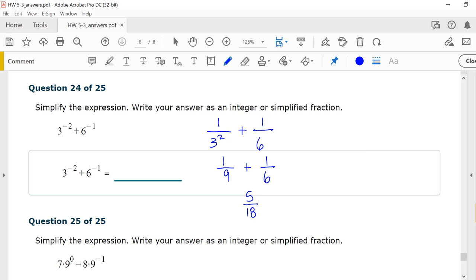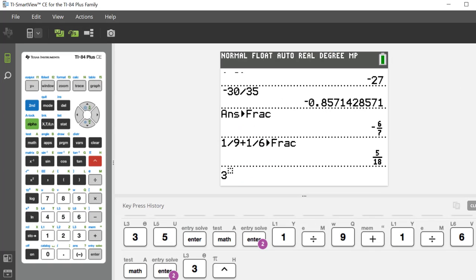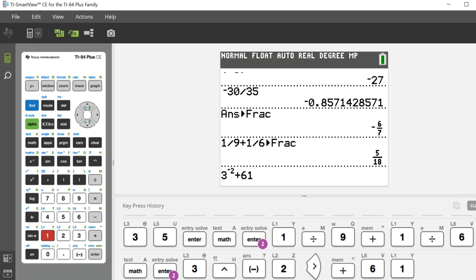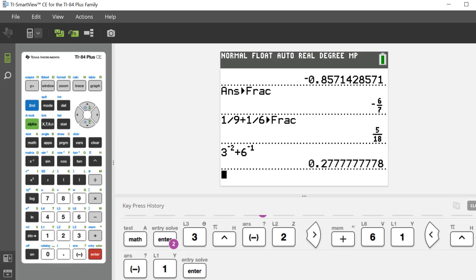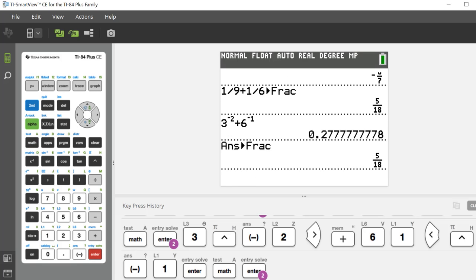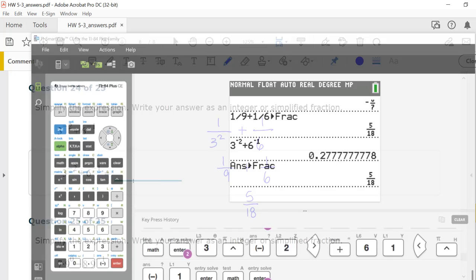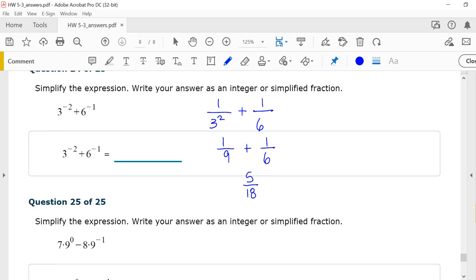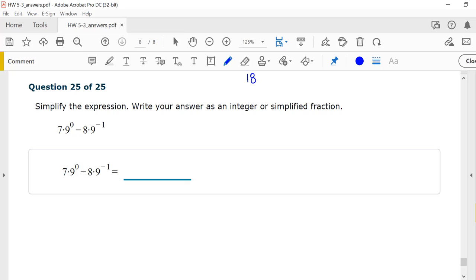Now your calculator could have done the beginning. 3 to the negative 2 plus 6 to the negative 1 is 5/18. Last one, number 25. 7 times 9 to the 0, well, 9 to the 0 is 1, minus 8 times 9 to the negative 1, which is 1/9.